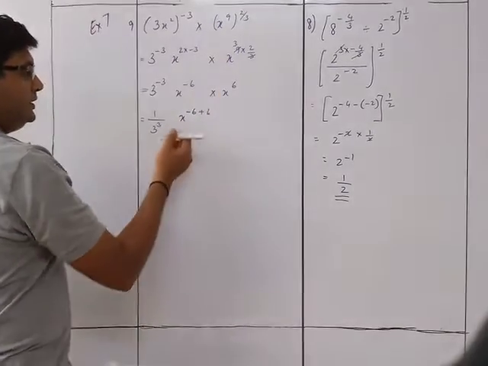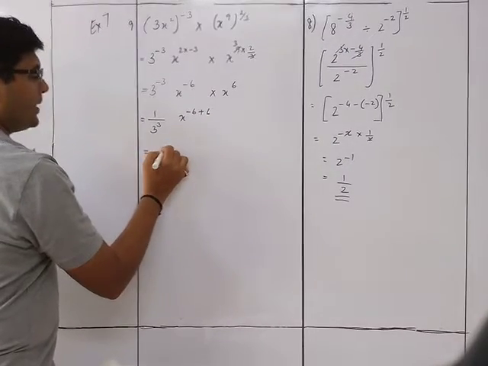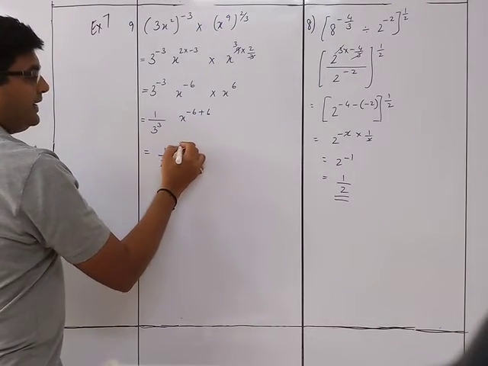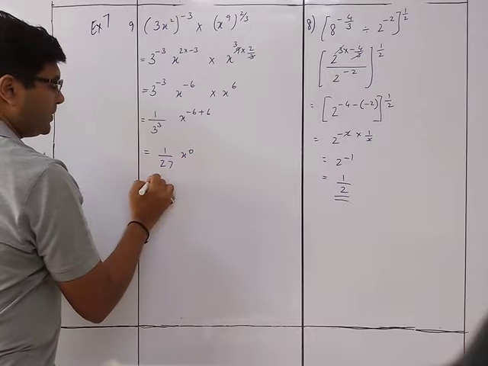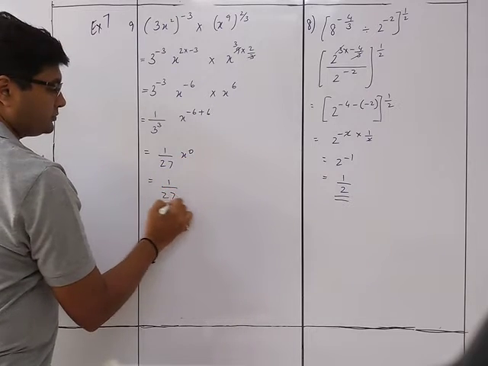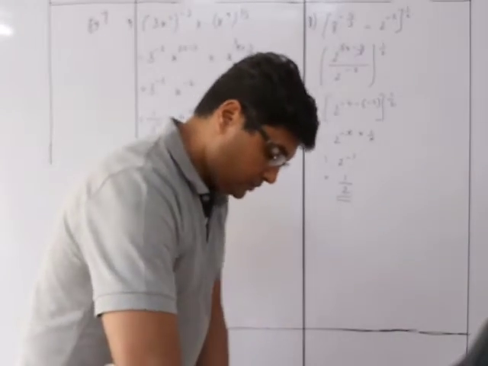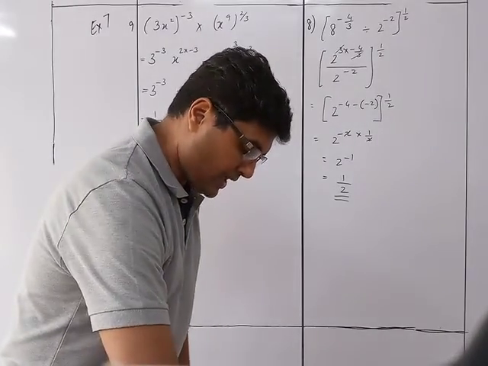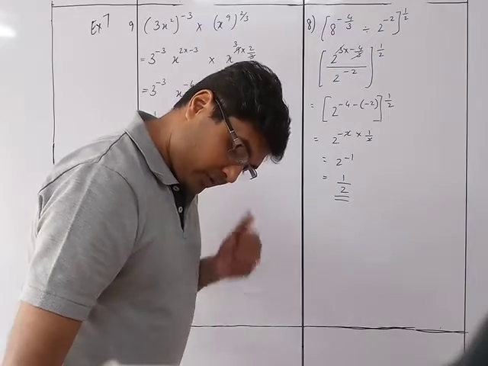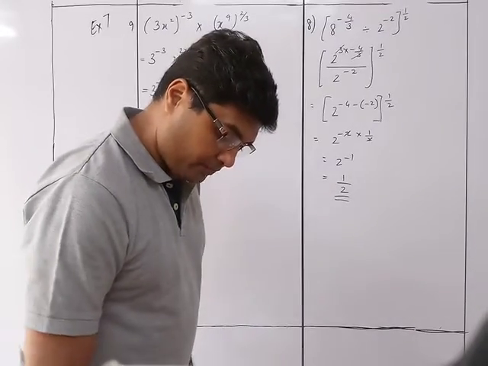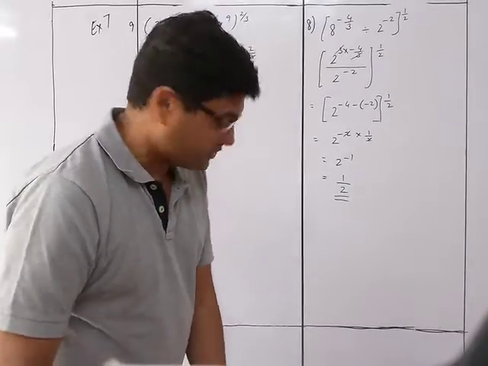So addition over here, which is 0. So it equals to 1 upon 27 x raised to 0, that is nothing but 1 upon 27. That's the final answer. We'll check it out, the answer. Question 9, 1 upon 27. We move on to the next sum, question number 10.